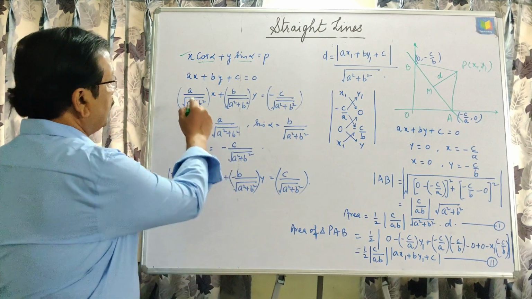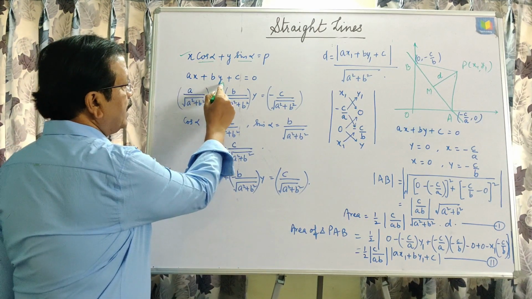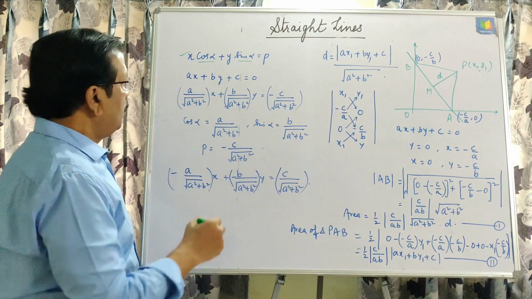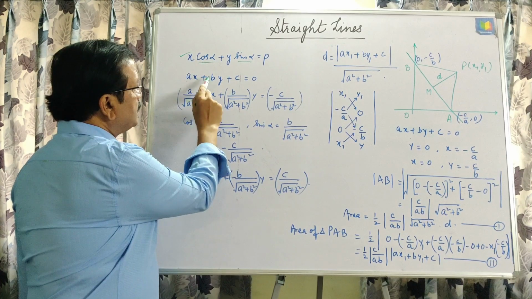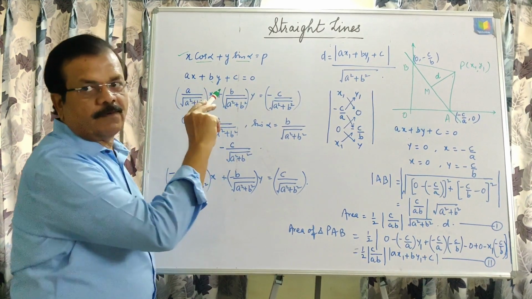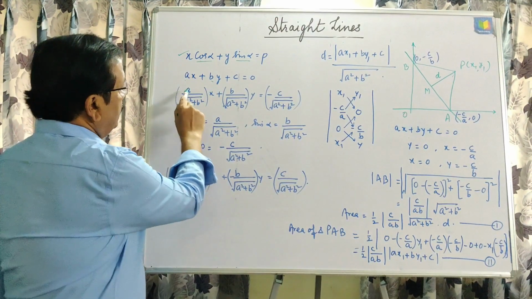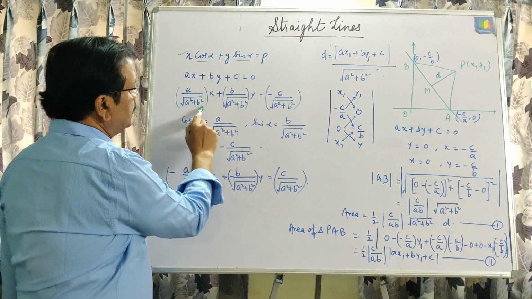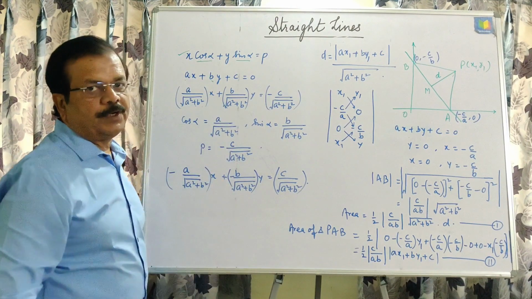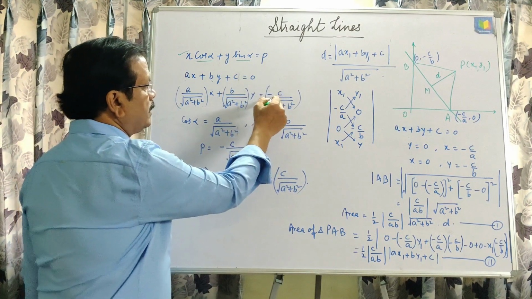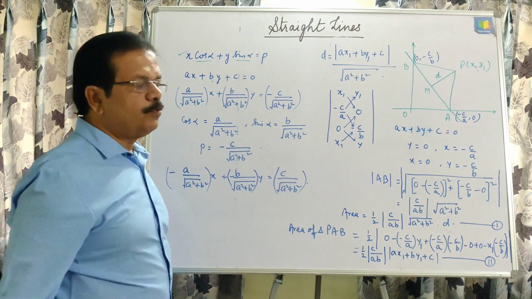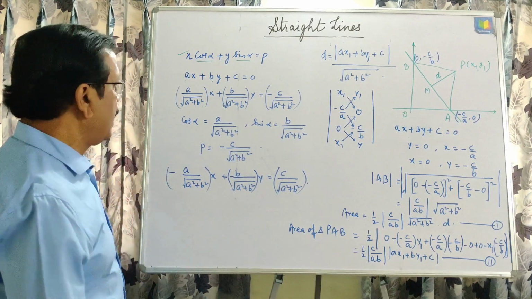Here we are given the equation ax + by + c = 0. Once we divide by root(a² + b²), the square root of the sum of the squares of the coefficients, then a/root(a² + b²) into x plus b/root(a² + b²) into y is equal to, transposing to the other side, -c/root(a² + b²).